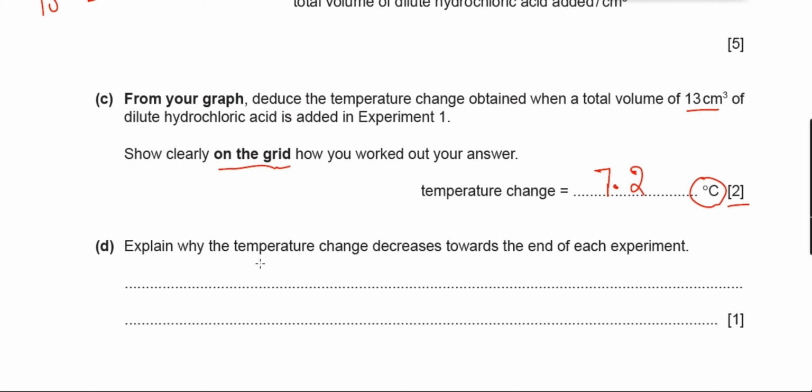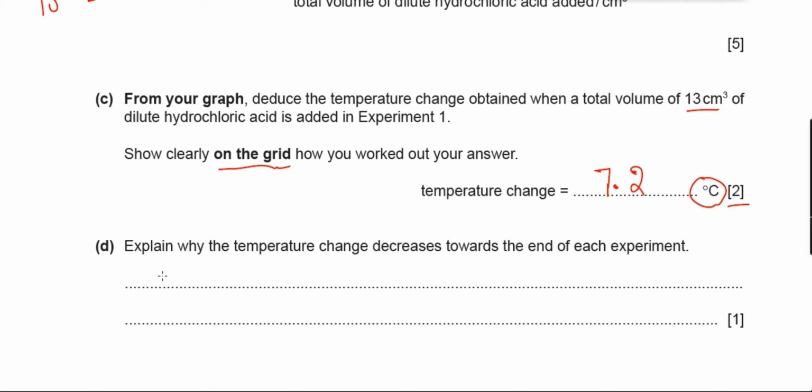Then he says explain why the temperature change decreases towards the end of each experiment. So as I clearly mentioned while we were discussing the experiment, or while we were recording the temperature, whenever the reaction is over and the volume of the acid added is in excess, it will drag the temperature towards its initial temperature.